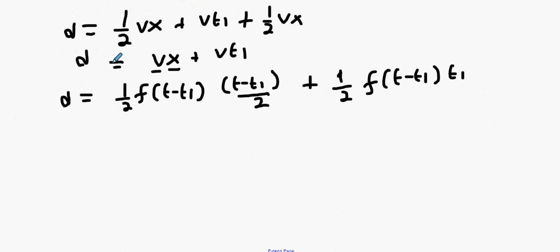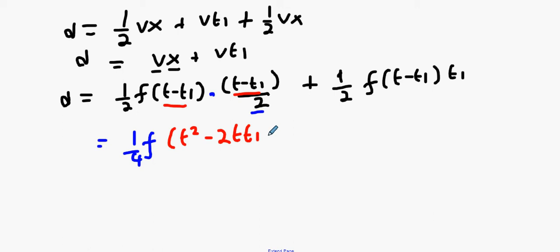Okay. So multiply it all out. Oh God. Alright. Half times a half is a quarter f. Then I'm going to multiply the (t minus t1) by the other (t minus t1) to get t squared minus 2 t t1 plus t1 squared.